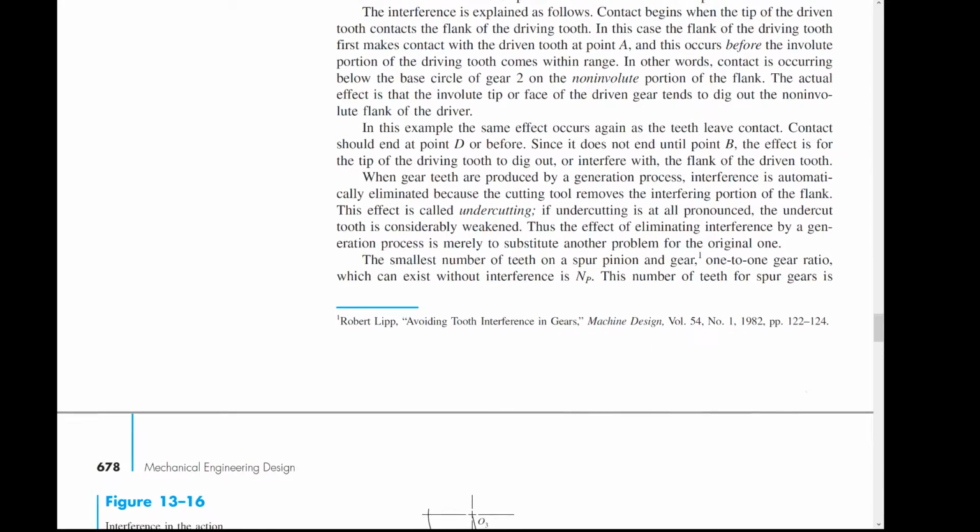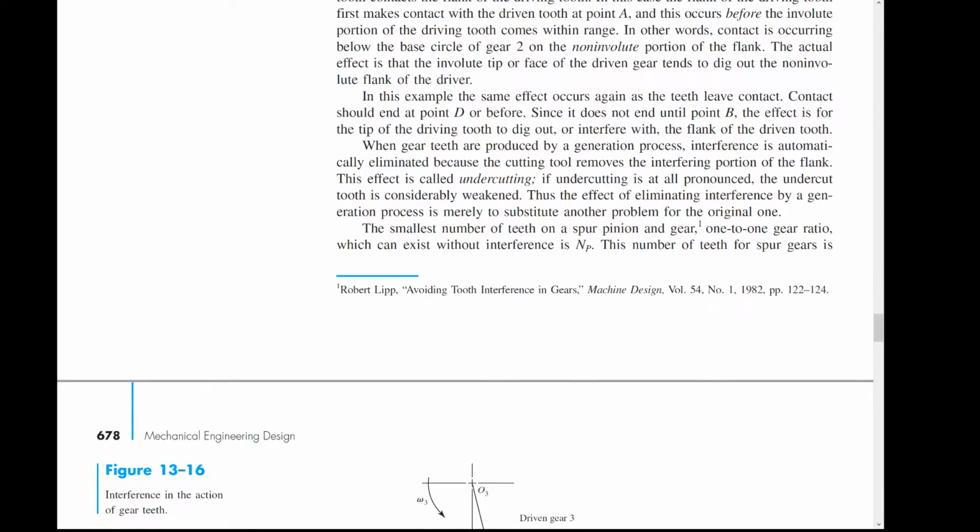When the gear teeth are produced by a generation process, interference is automatically eliminated because the cutting tool removes the interfering portion of the flank. This effect is called undercutting. If undercutting is at all pronounced, the undercut tooth is considerably weakened. Thus, the effect of eliminating interference by a generation process is merely to substitute another problem for the original one.